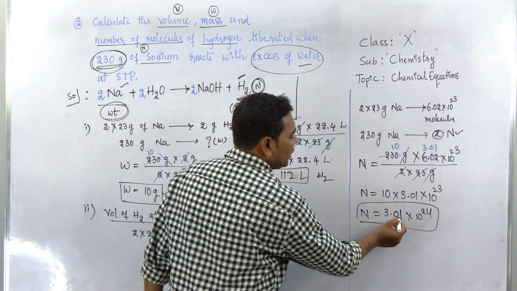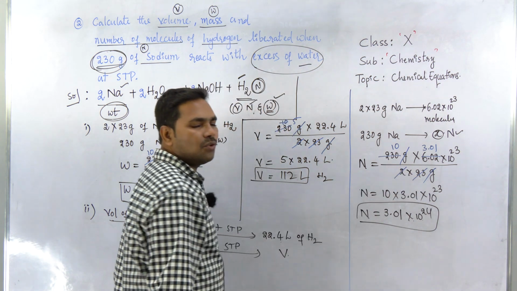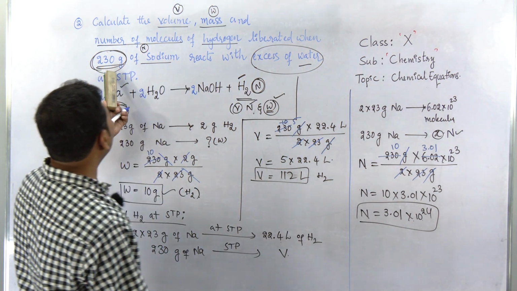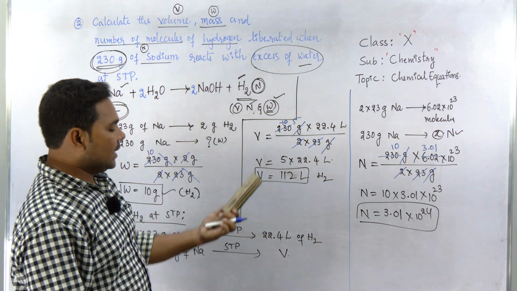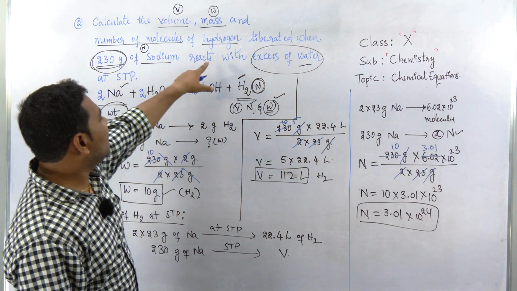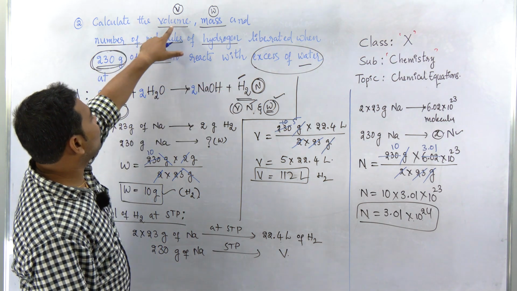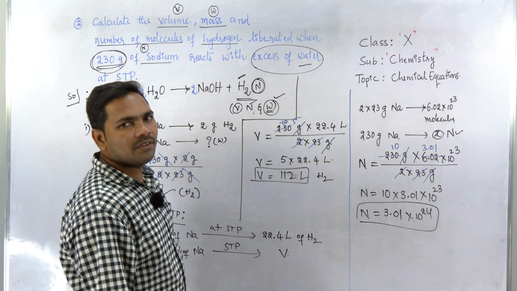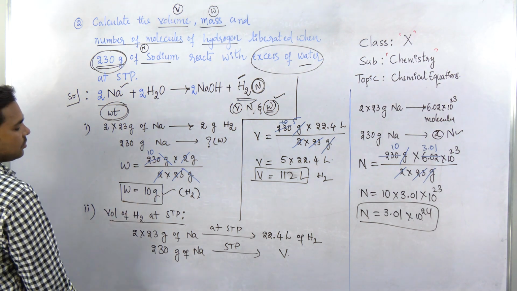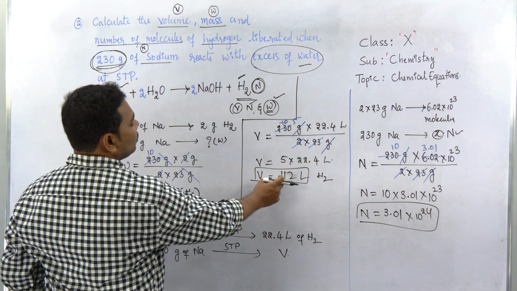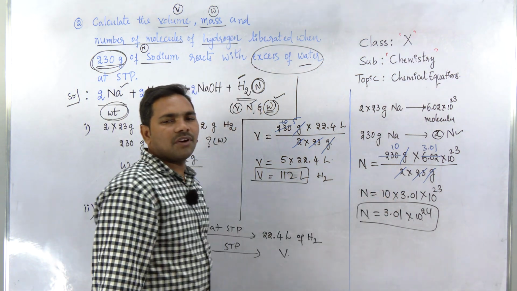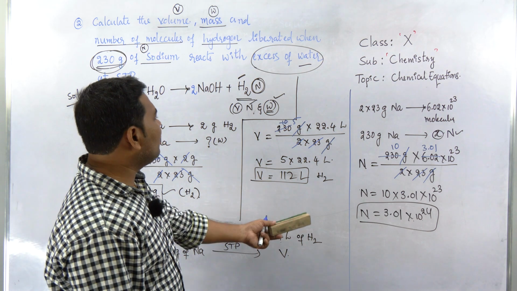So 3.01 into 10 to the power 24 molecules of hydrogen are liberated when 230 grams of sodium reacts with excess water. We were given 230 grams of sodium reacting with excess water, and we needed to find the mass, volume and number of molecules of hydrogen. First we found the weight of hydrogen, 10 grams, right? Next the volume, 112 liters of hydrogen, and lastly the number of molecules of hydrogen gas liberated. This is all we found.